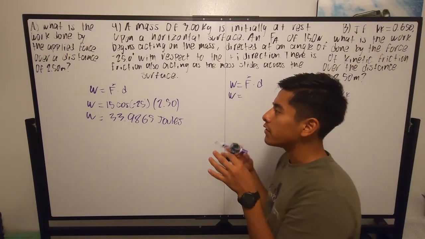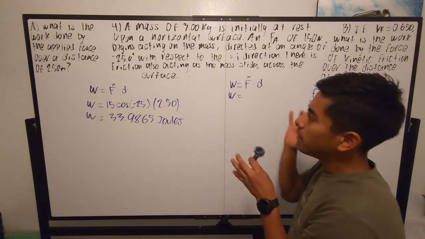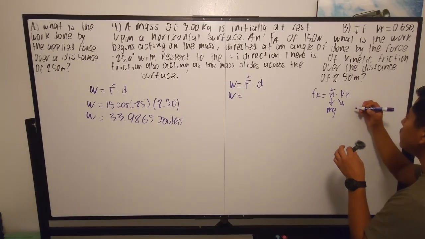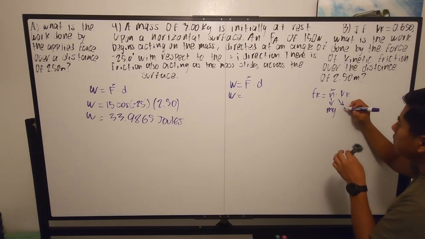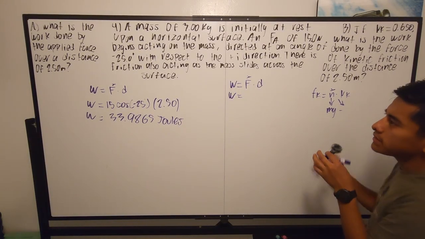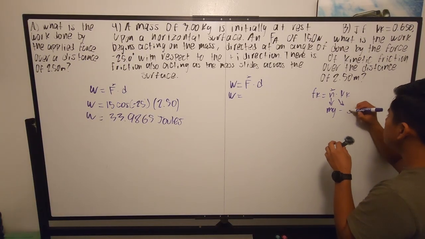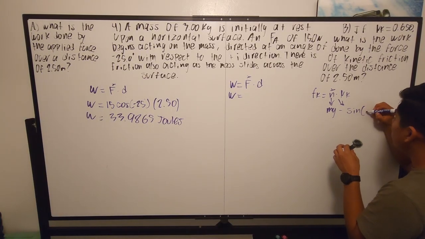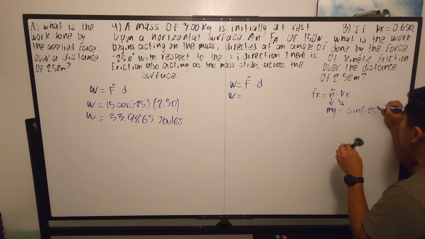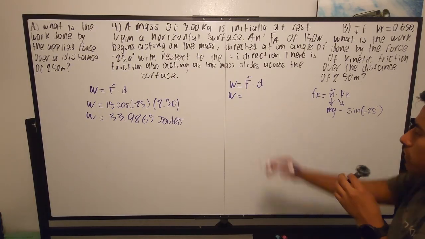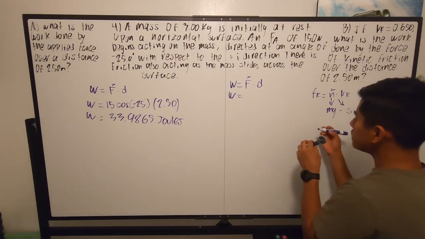So there's going to be a vertical component of this applied force, so we have to include that here. It's going to be minus the vertical component, so that's sine of negative 25 degrees.